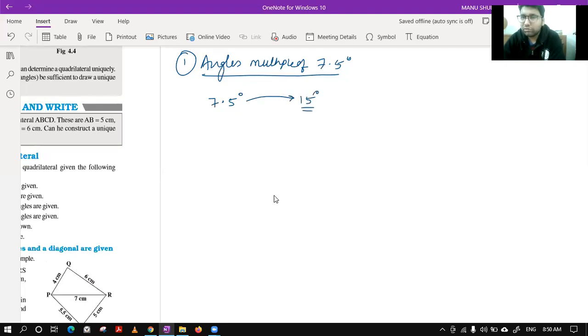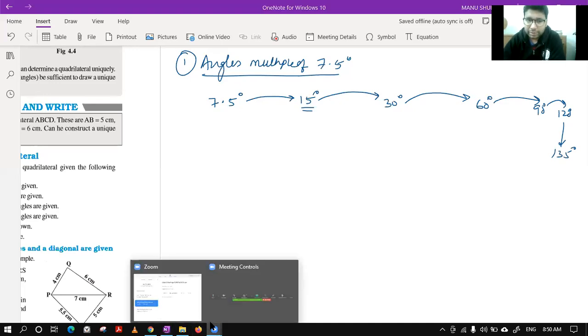If you want to construct a 15-degree angle, you need to have a 30-degree angle. To have a 30-degree angle, you need to construct a 60-degree angle. To construct 60, I think it is directly done. In this way, we have constructed the angles. We also have constructed that 90-degree angle, then 120 we have done, 135 we have done. This way we have constructed many angles.